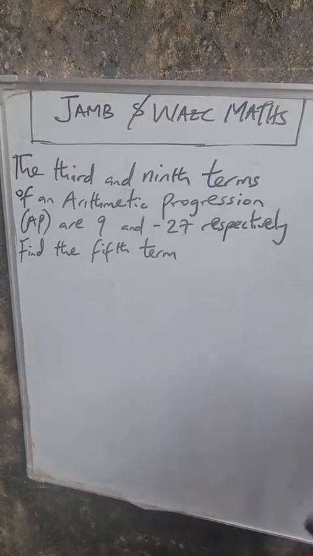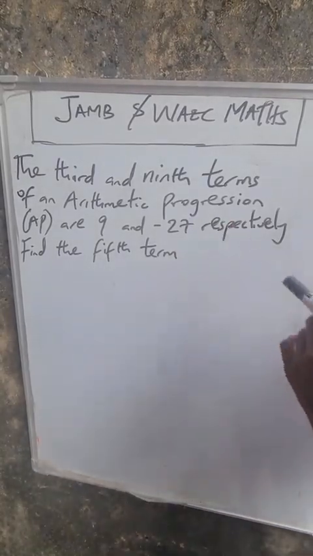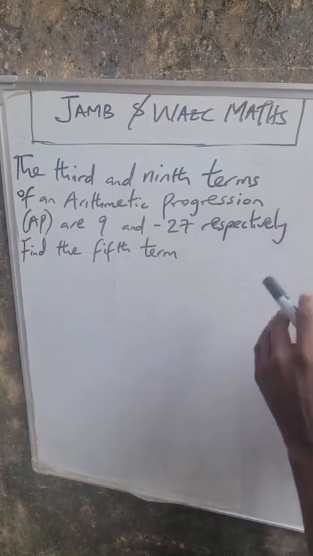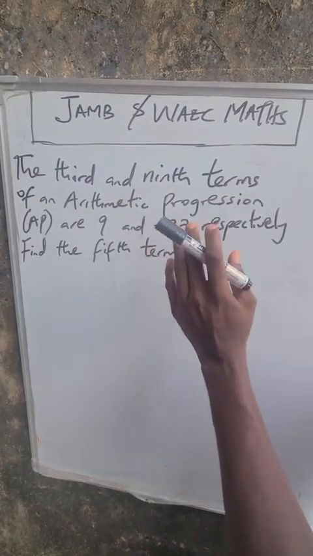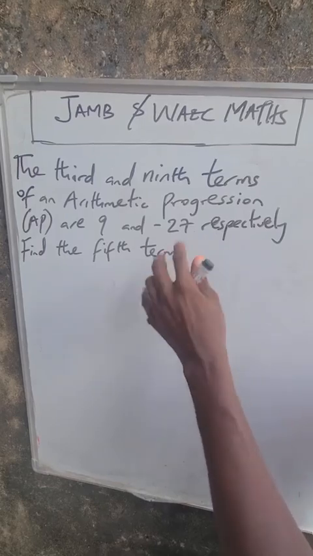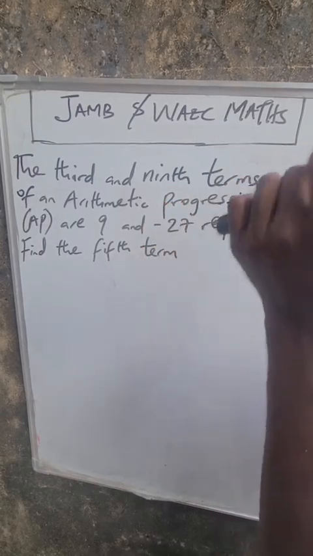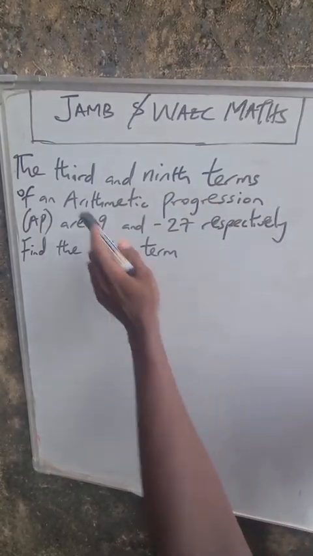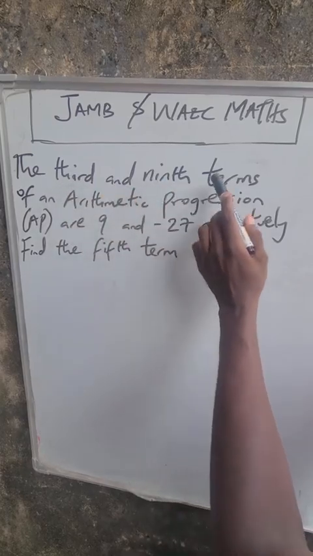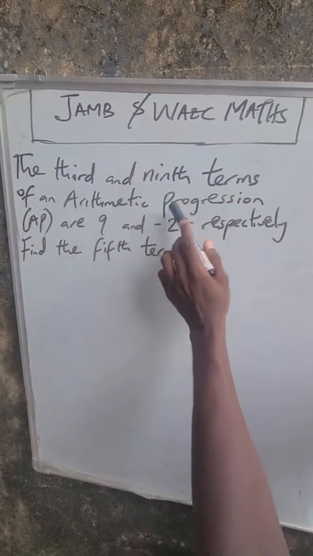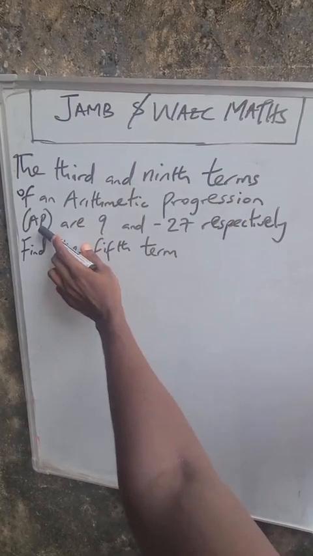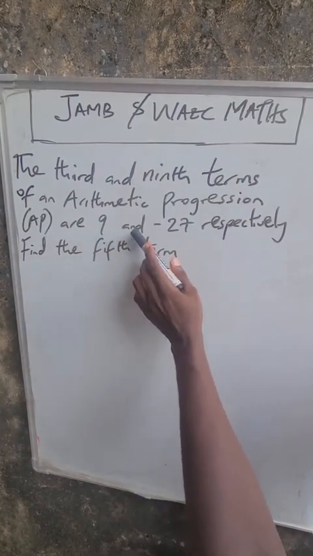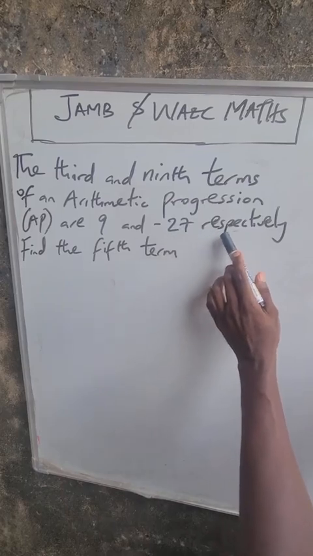All right. Now, this question always comes out in JAMB and WAEC exams, and this is a topic called sequence and series, and particularly this is a sequence and arithmetic progression question. Now, the question is: the third and ninth terms of an arithmetic progression, that is an AP, are 9 and minus 27 respectively.